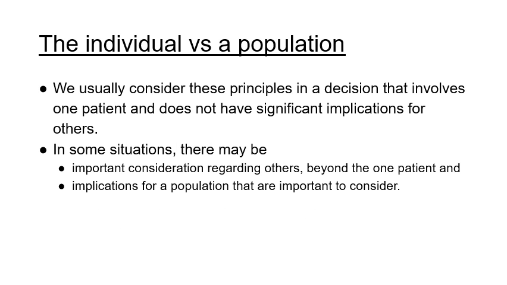When we look at the original 4 principles that we discussed, these usually are considered in a decision that involves one patient that does not have significant implication for others. However, in some situations, there may be important considerations regarding other patients that go beyond just the one patient. And there are implications for a population that are important to consider. This is when we need to consider the principle of utility.